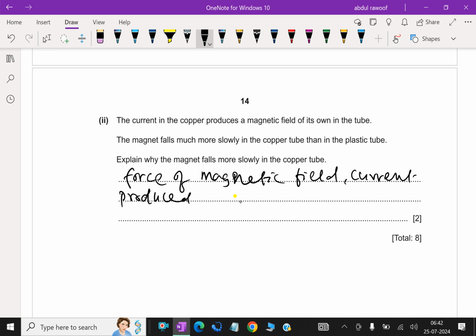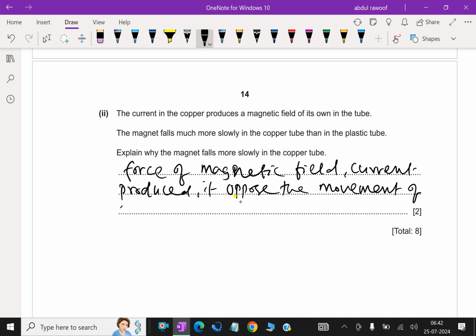This current opposes the change. It opposes the movement of the magnet. So it slows down.